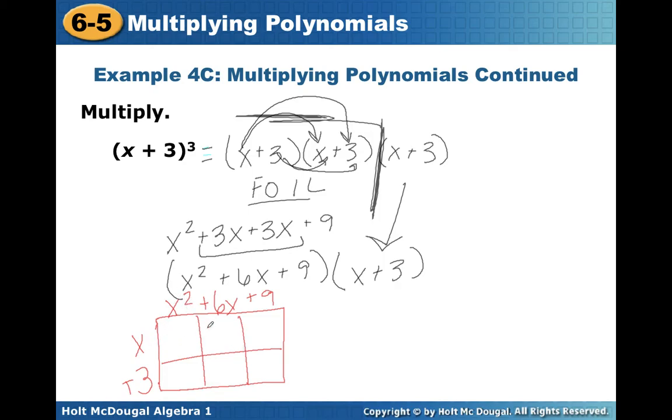X squared times x gets me x cubed. 6x times x gets me 6x squared. 9 times x gets me 9x. X squared times 3 gets me 3x squared, and we can keep moving from there.